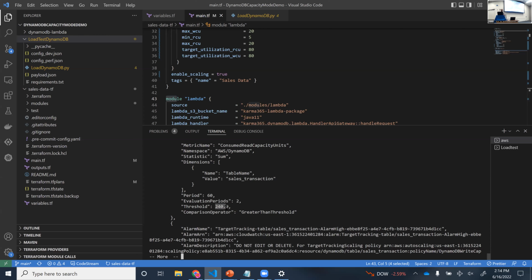And the total sum of the capacity units should be 240, and the operation is greater than. So whenever the total consumed capacity unit is more than 240 for 60 seconds for 2 data points, then this alarm will trigger.